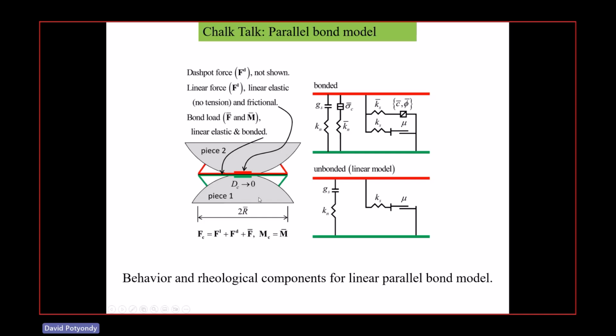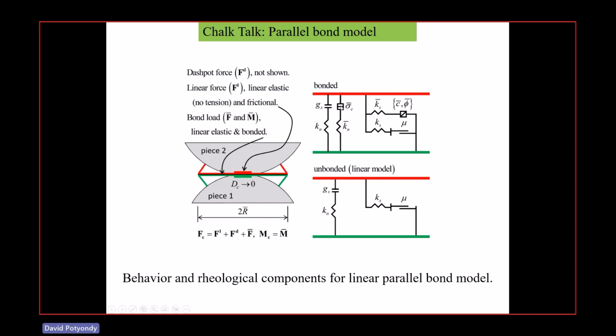Okay. So when it's unbonded and it's broken, it's exactly the linear model. But when it's bonded, notice now it has the stiffness of the surface interaction, Kn, and that surface interaction cannot take tension. But there's also a component that represents the cement. So now it has a stiffness, Kn bar, which is stiffness per unit area. And this is the tensile strength.